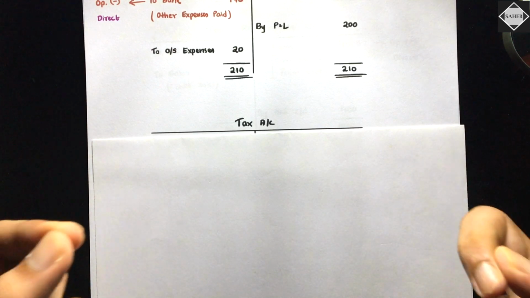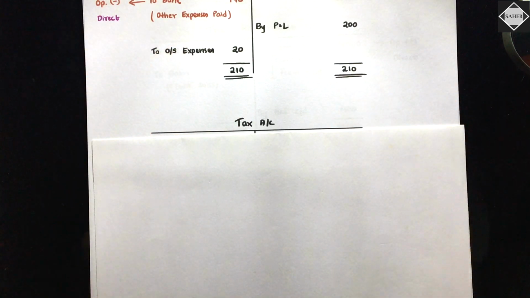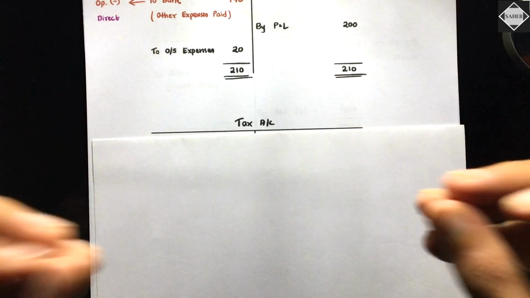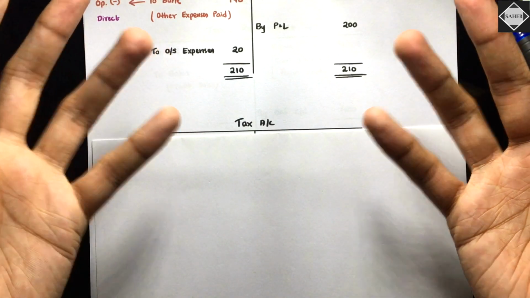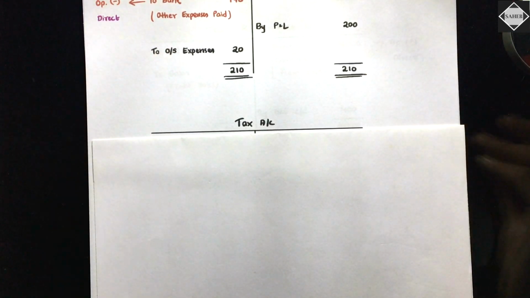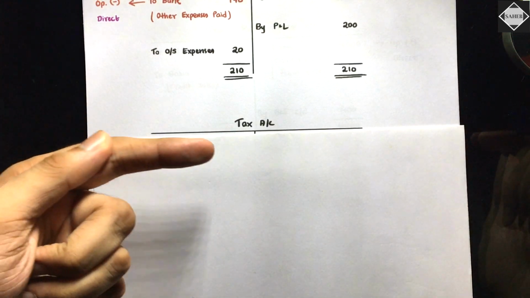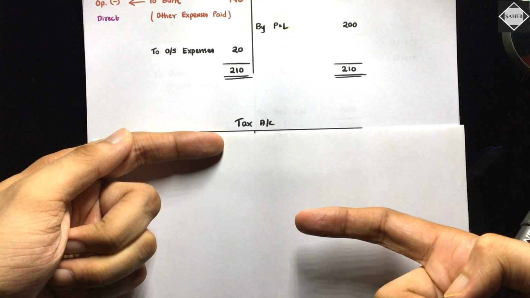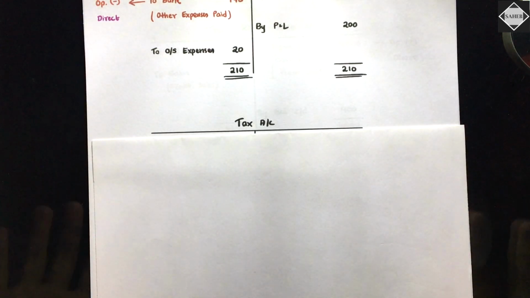Advance tax, I told you, it's like prepaid expense. It's an asset, you are paying before the due date, right? Before the liability is due, you are paying it. So it's your money only. It's advance tax. Fine, it's an asset. So it has debit balance. Remember that it has debit balance. Opening balance of advance tax will be on the debit side and closing balance of the advance tax will be on the credit side. That's all you have to do.